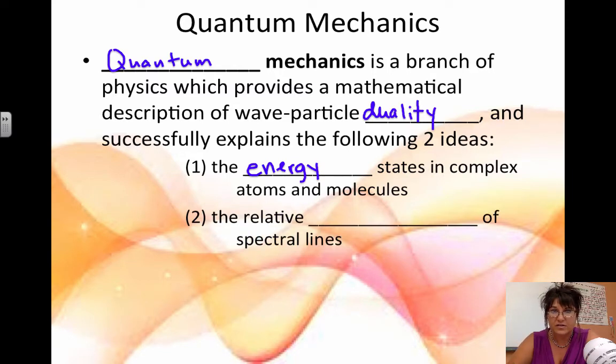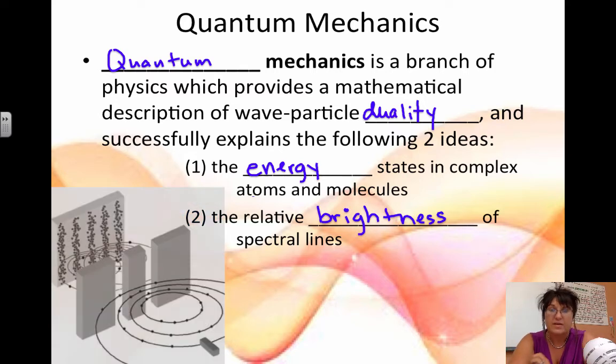We also can explain the relative brightness of the spectral lines in the atomic emission spectrum. And it's because matter and light both have this property of acting like a particle and a wave. It's both.